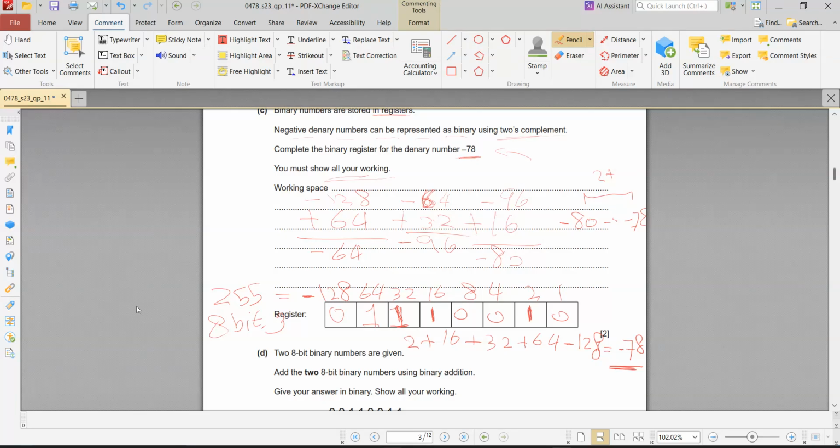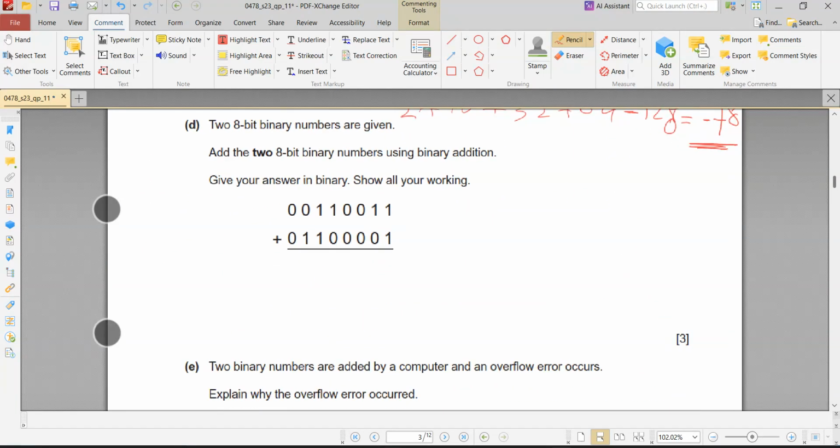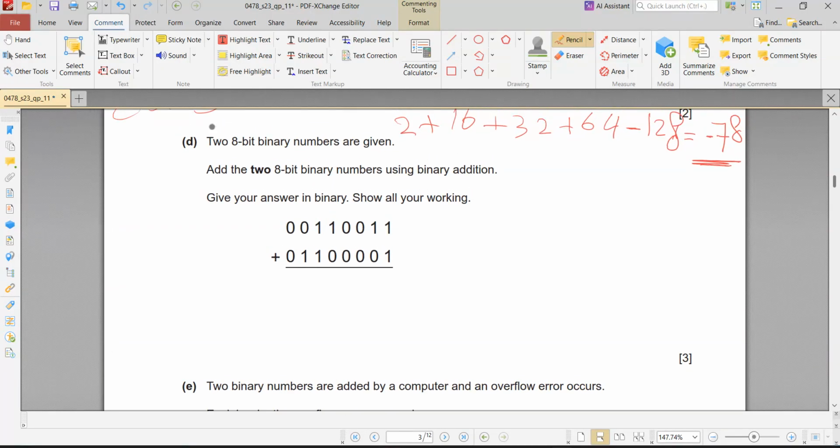So going into the next question, we say in B, two 8-bit binary numbers are given. Add the two binary numbers using binary addition. So I'm going to do the addition for those two numbers. Simply, we have the rules of addition.